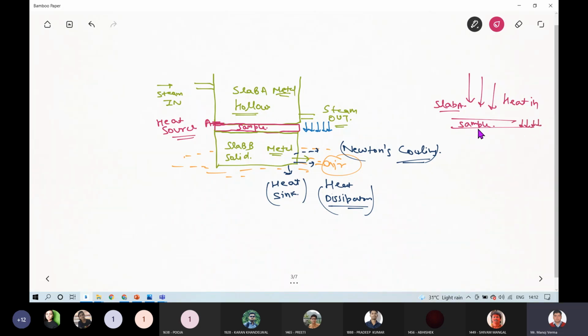All of the heat energy will travel through the sample, and this heat energy will be received by slab B, and later on slab B will lose this heat energy into the environment.